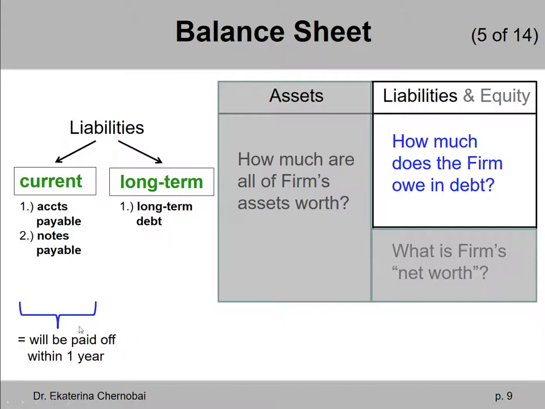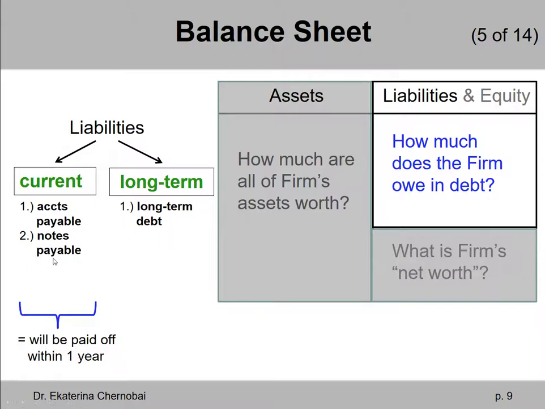So it's the same sort of time period that we used for current assets on the earlier slides. And under current liabilities, we have accounts payable. So that's what we owe to suppliers from whom we purchased our supplies on credit. So we already have the supplies in our hands, but we have not paid the cash yet. There is a time delay. And so for that time period, the amount that we owe will be put under accounts payable.